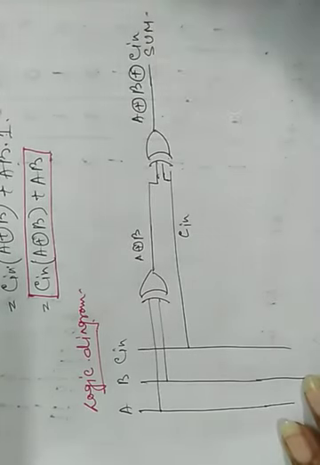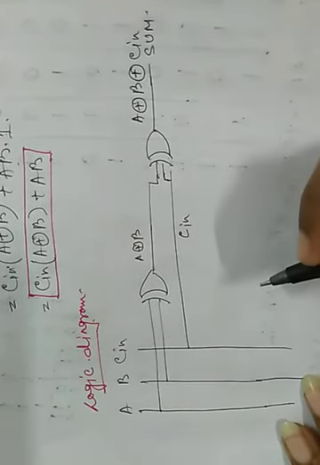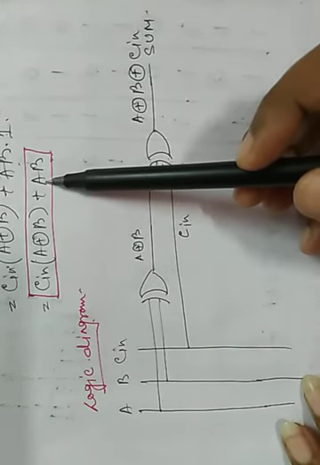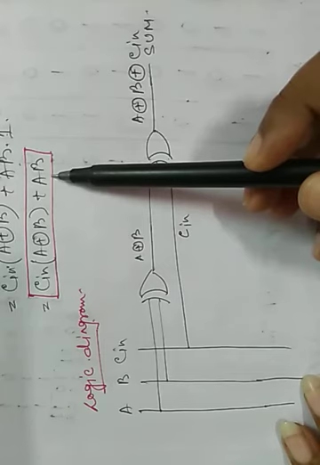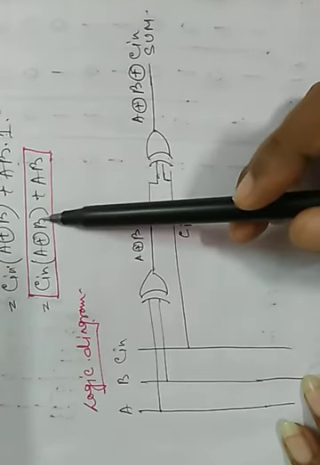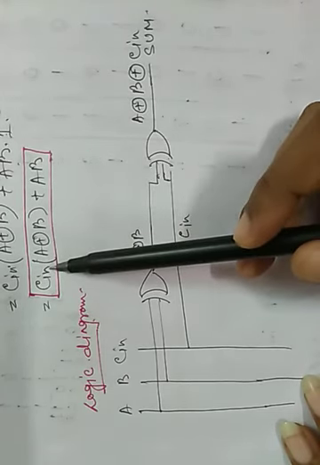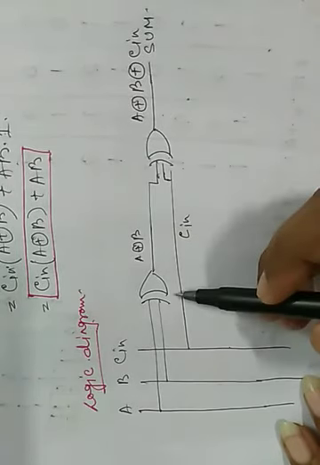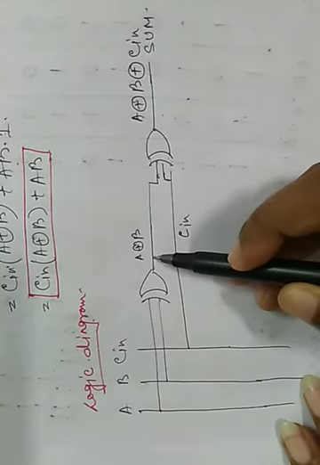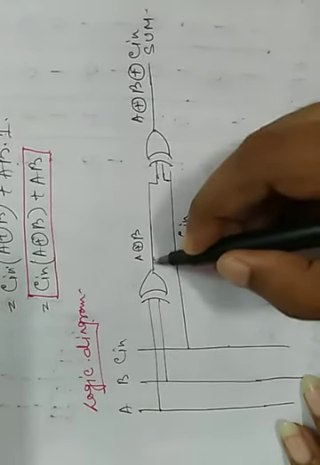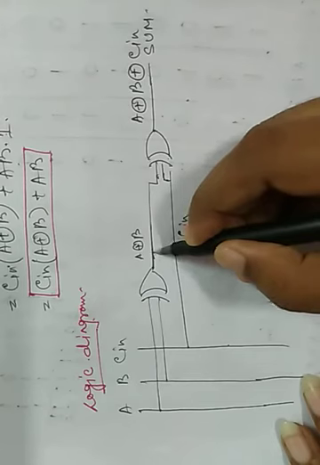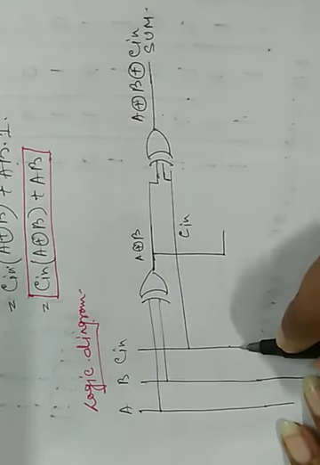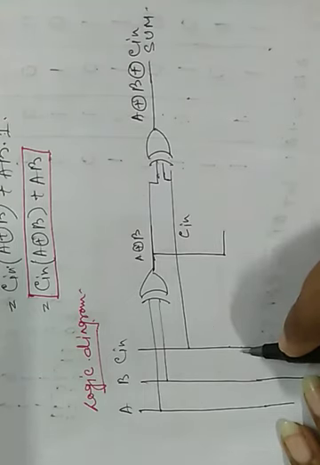Clear? Now for the carry expression. We have one AND operation and another, A exclusive OR B with C in, AND operation. Then we have to pass it through an OR gate. So A exclusive OR B and C in.